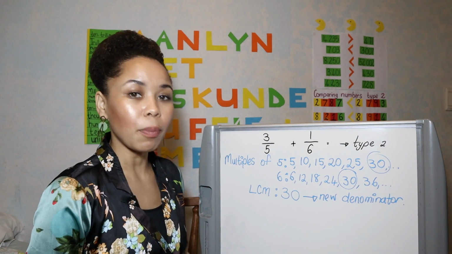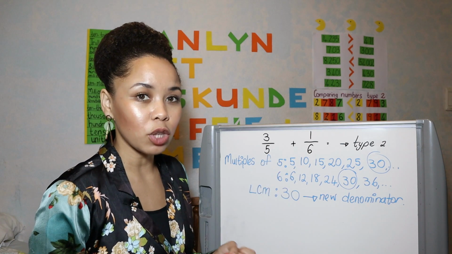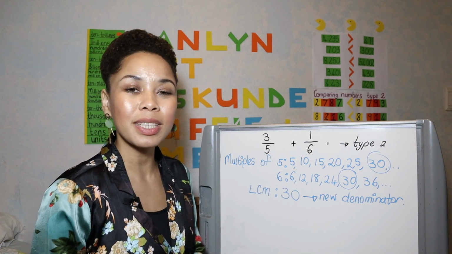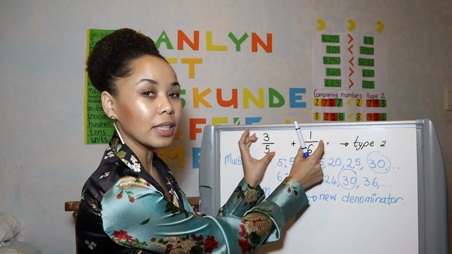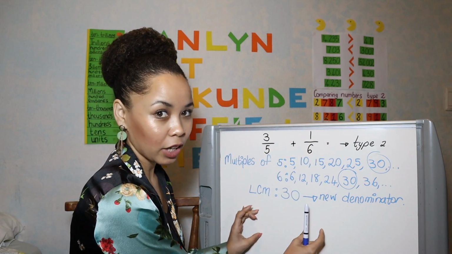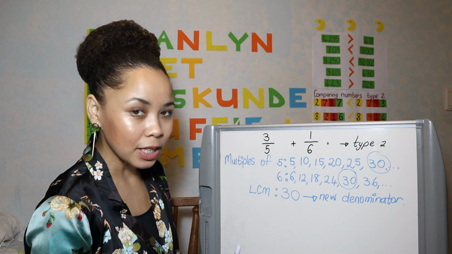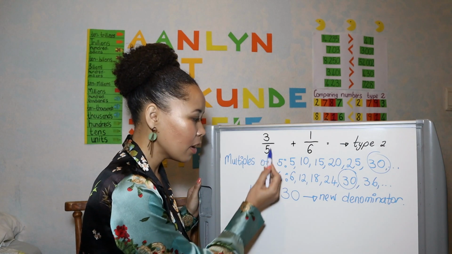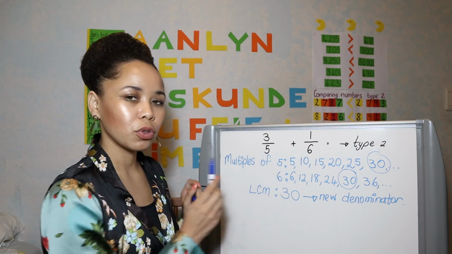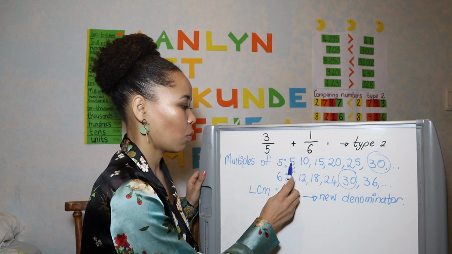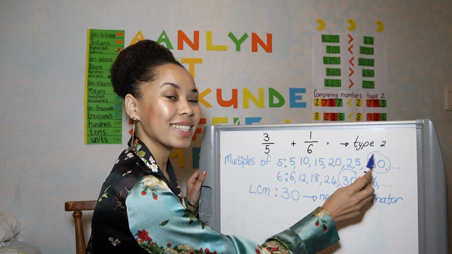So for this step, what did we do? We saw the denominators are not the same, so my first step is to make them the same. I will now write down my equivalent fractions with the denominator of 30. For the 5, what do I have to multiply by to make it a 30? 1, 2, 3, 4, 5, 6.